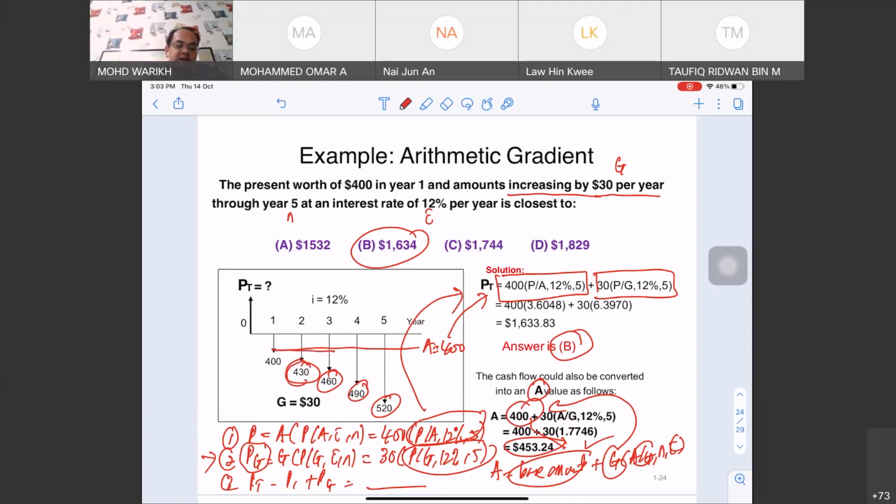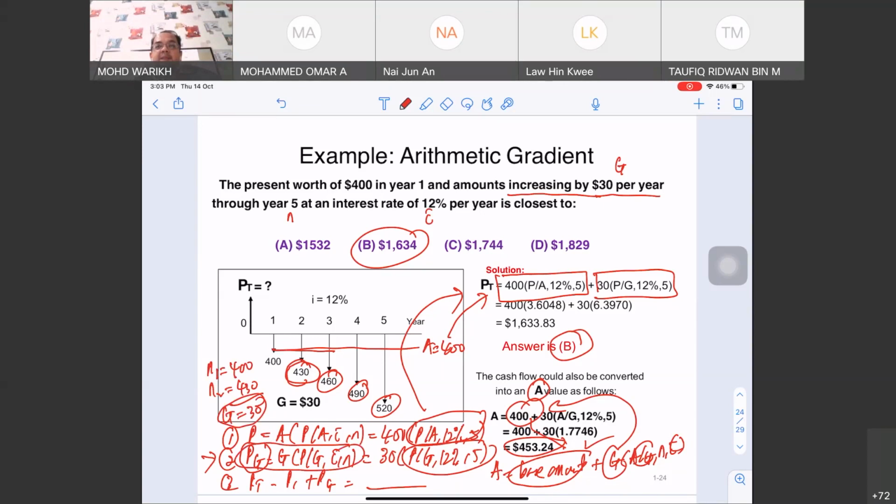Year 1 is RM400, year 2 is RM430. So the gradient is RM30. For the gradient, you have to use this formula. You have to split it between A1 and the gradient.